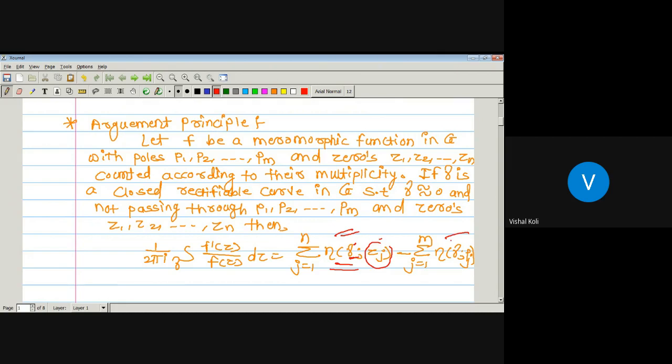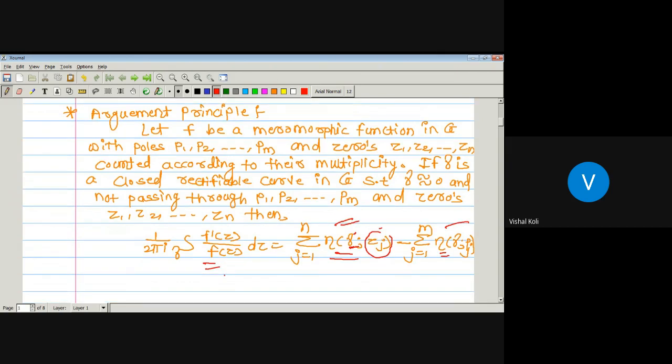And this one is nothing but the number of poles of the given function f inside the curve gamma, and the subtraction of these two, number of zeros and number of poles inside the curve gamma, is nothing but this value, that is 1 upon 2 pi i integral over the curve gamma f dash of z divided by f of z dz. So see the proof now.